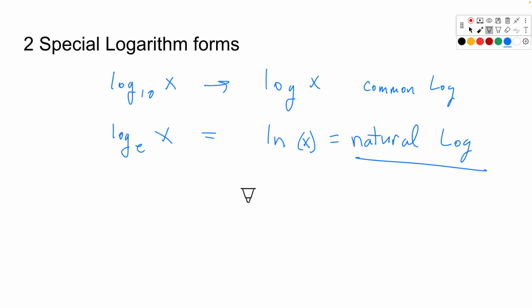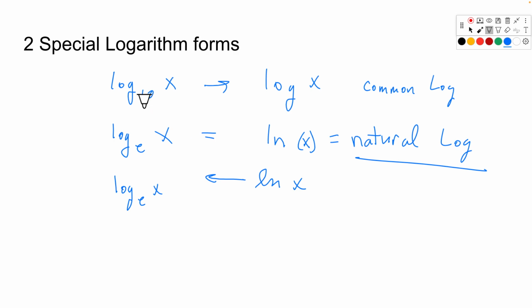A lot of times when you're seeing me write it, I'll write it sort of in a script so that it's an L, because to me it does look like in or something. So I'll write a script ln. But when we're working with it, a lot of times you'll also see me rewrite it as log base e, because sometimes we need to know that base, right? Because if we're going to do the log dance, we have to know what that base is.